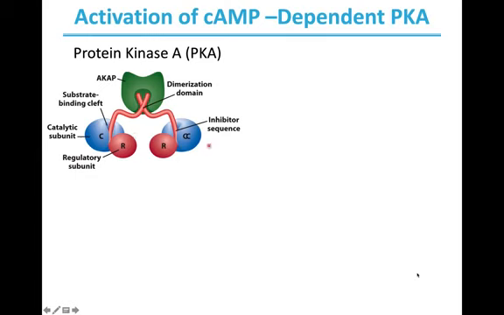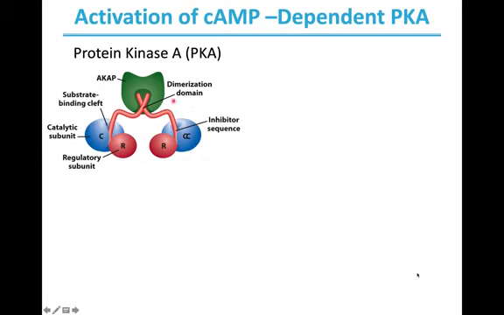And in this association, as you can see, the inhibitor sequence in the regulatory domain associates with the catalytic domain in the region where the substrate binds. So as you can see, the region where the red colored inhibitory sequence binds is a substrate cleft, and that is where the substrate of this catalytic subunit usually binds. Remember, protein kinase A is a protein kinase, which means that this is an enzyme that can phosphorylate other protein.